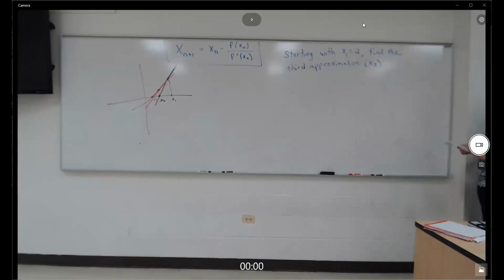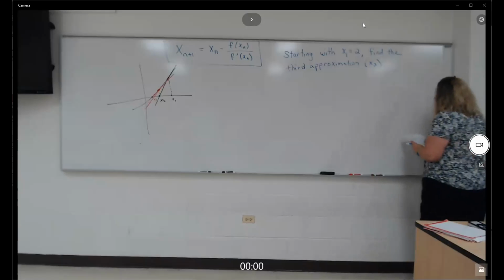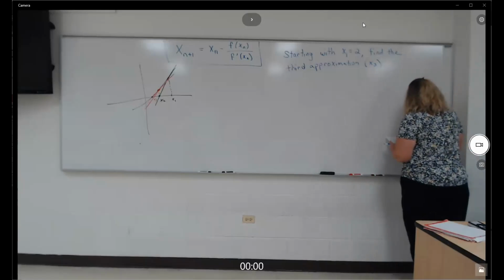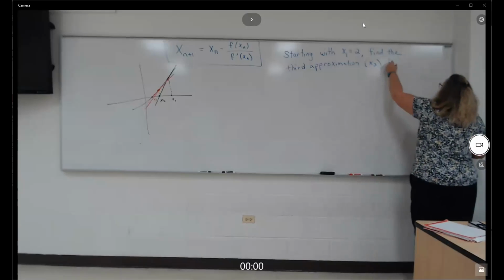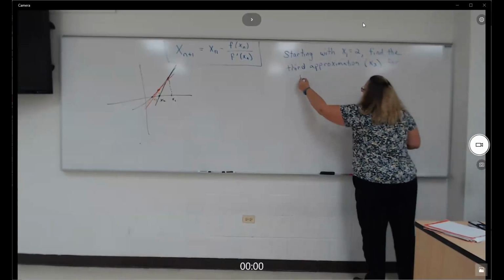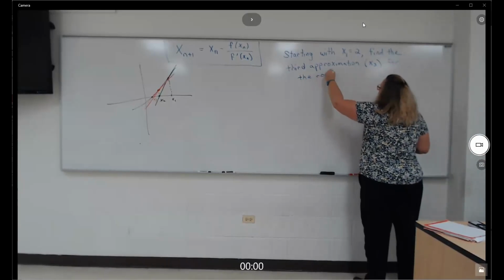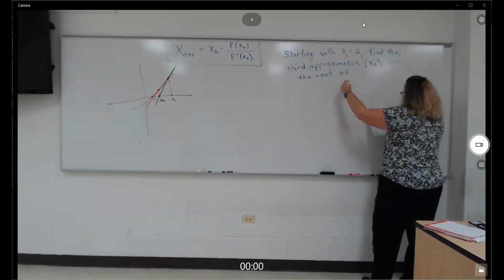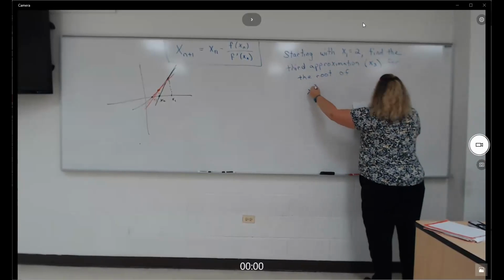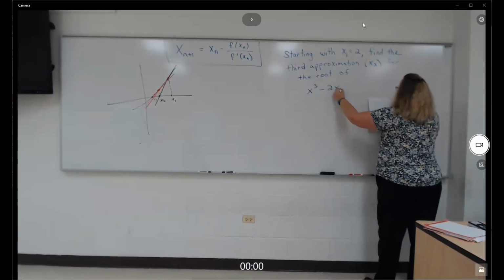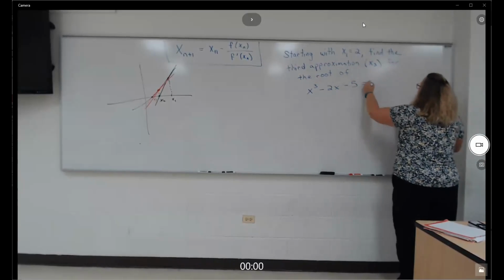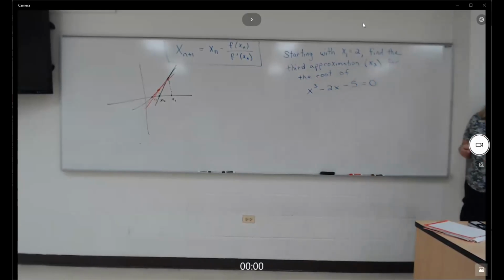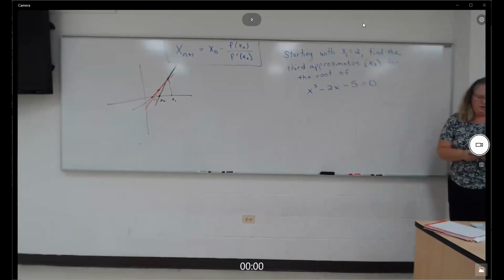Find the third approximation for the root of x to the third minus 2x minus 5 equals 0. I don't have to call up the calculator for this.